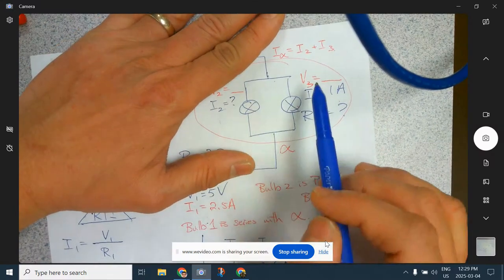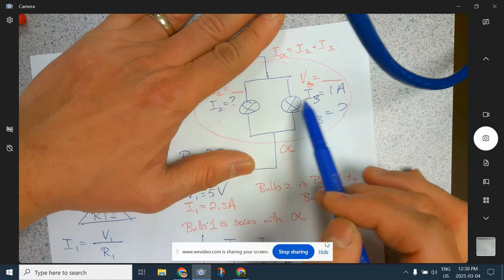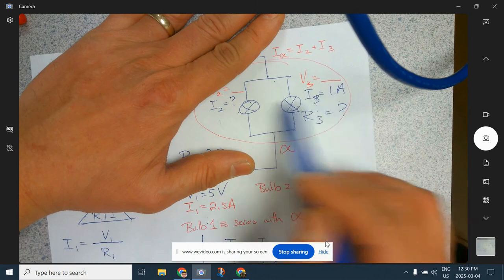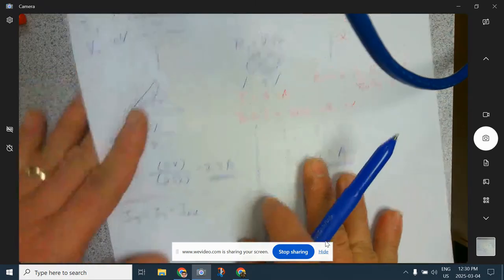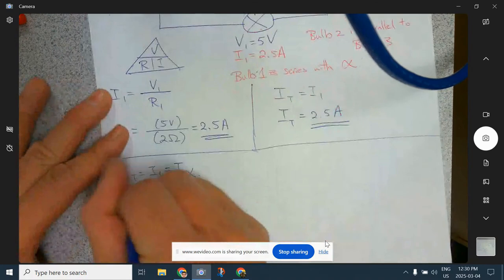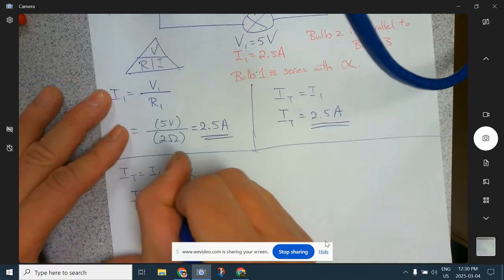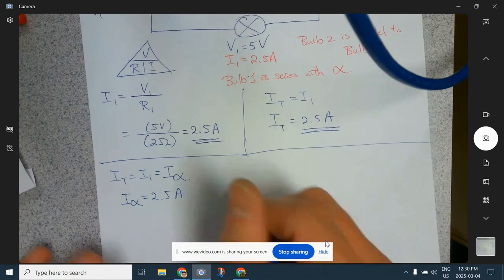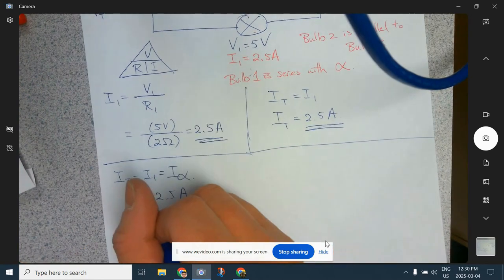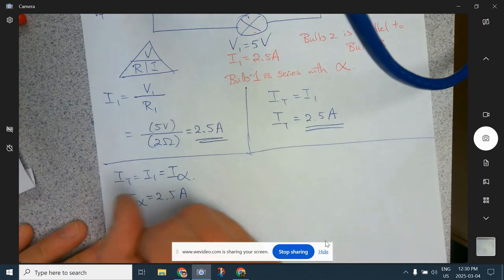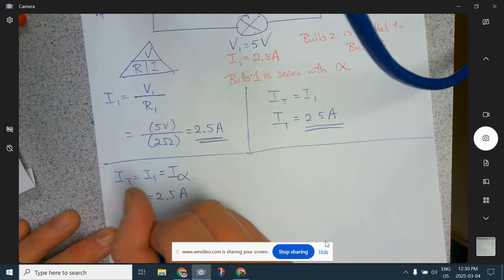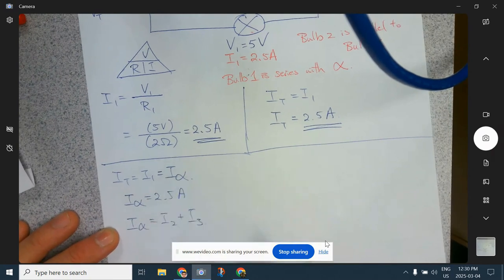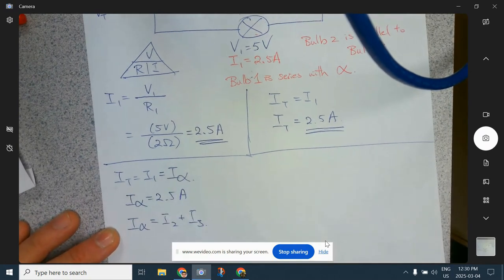And in a parallel circuit, you add the two currents together to give you the smaller total. So in this case, I alpha is 2.5 amps, just like what we said earlier, and I alpha equals I2 plus I3. Okay? I2 plus I3.